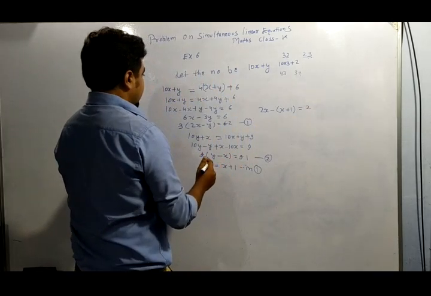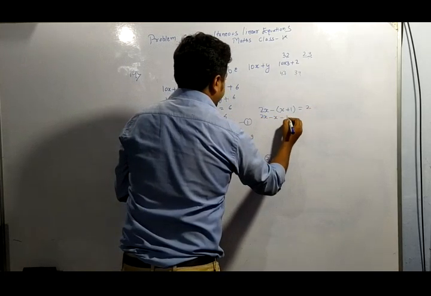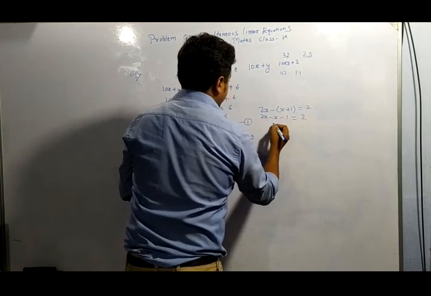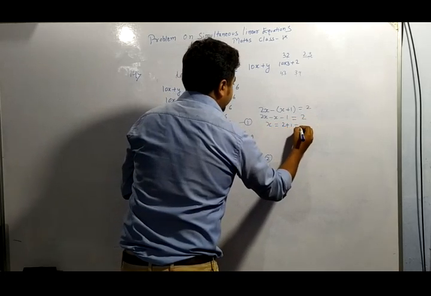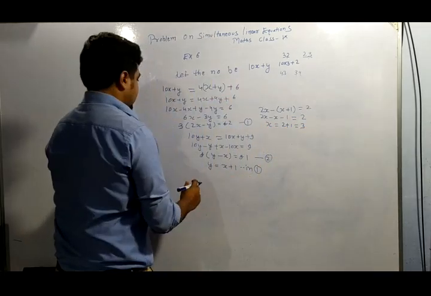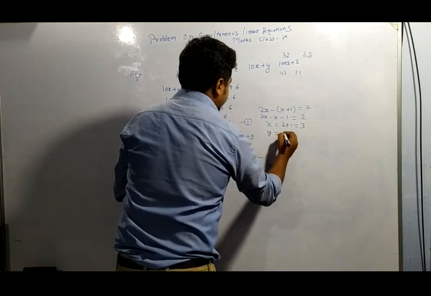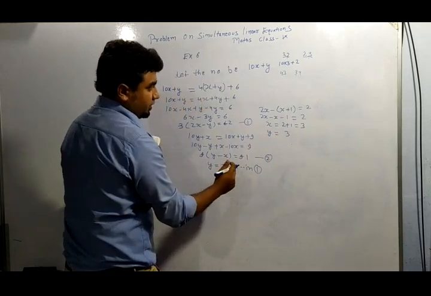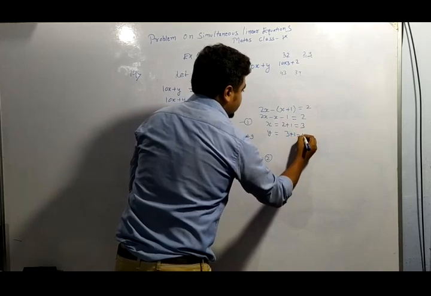Now from here 2x minus x minus 1 equal to 2. So x will be equal to 2 plus 1, which is coming out to be 3. Now the next digit is y: x plus 1, x value is 3, 3 plus 1 equals 4.